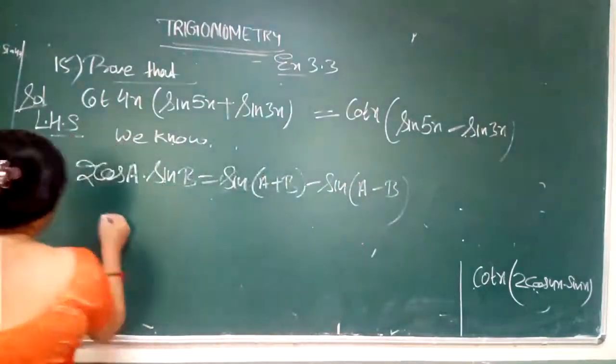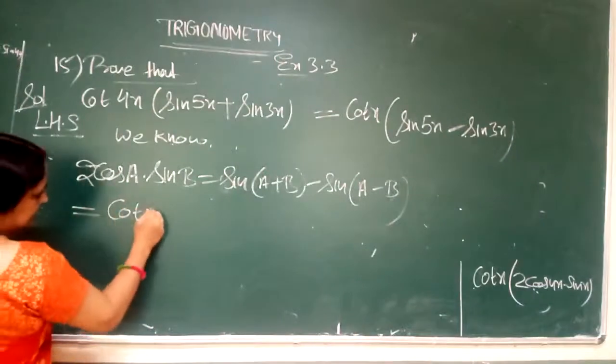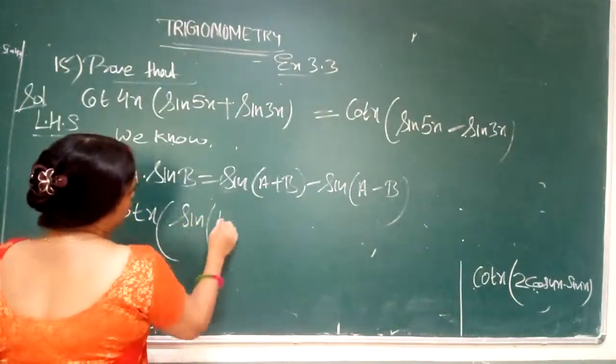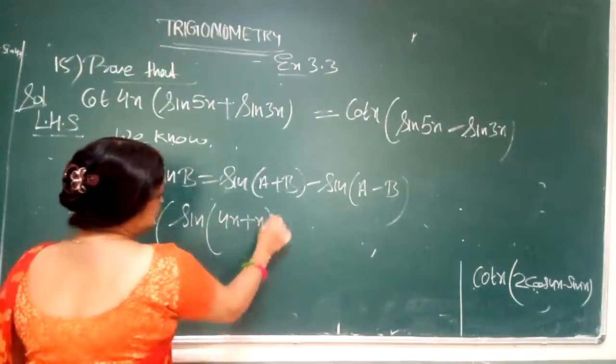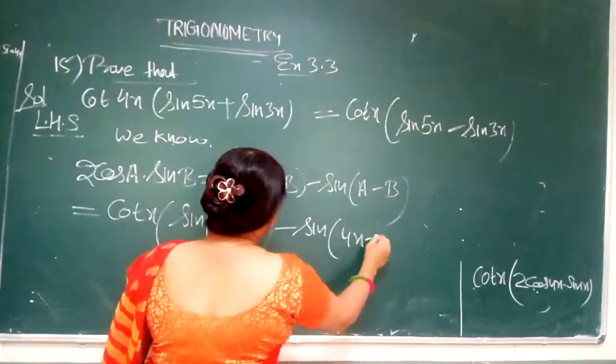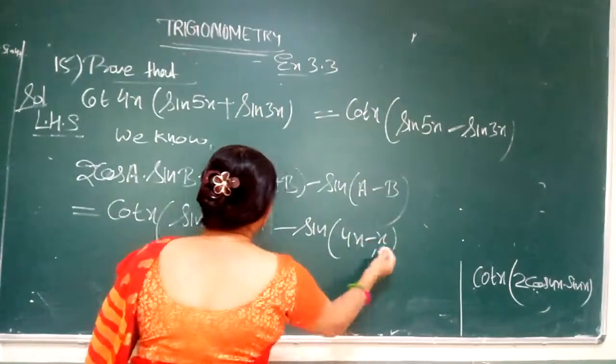So apply the formula here. Cot x is as it is, so it will come sin of 4x plus x minus sin of 4x minus x.